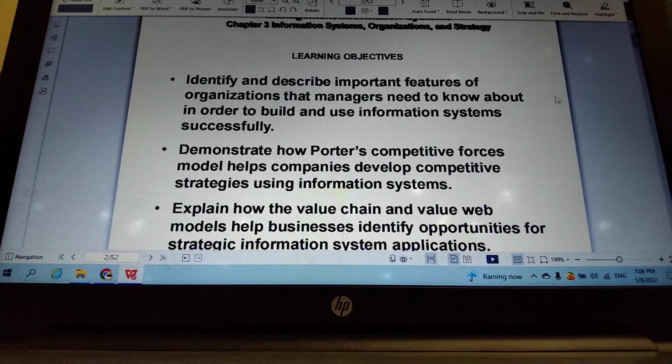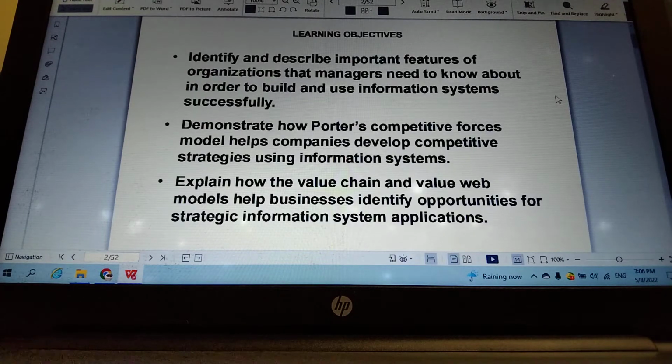So what are the learning objectives for this topic? The first learning objective is to identify and describe important features of organization that managers, including middle management team, need to know about in order to build and use information system successfully.